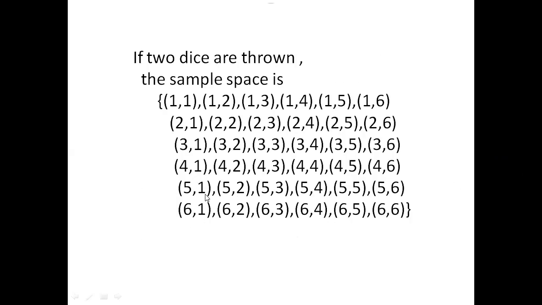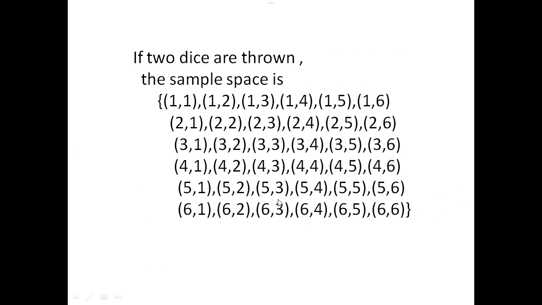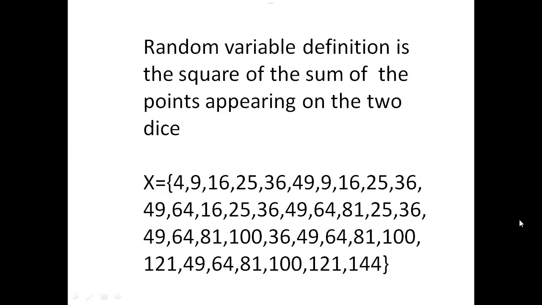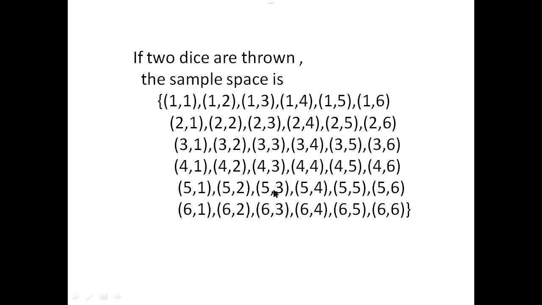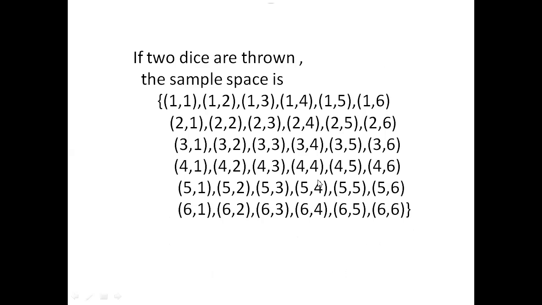5, 1. The sum is 6. Square of 6, 36. 5, 2. The sum is 7. Square of 7 is 49. 5, 3. The sum is 8. Square of 8 is 64. 5, 4.